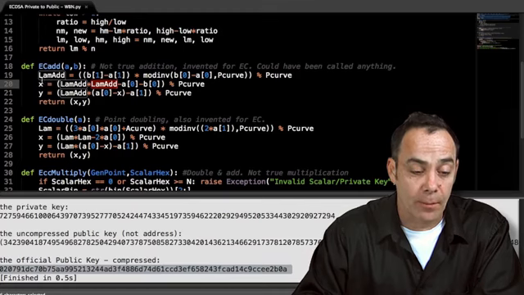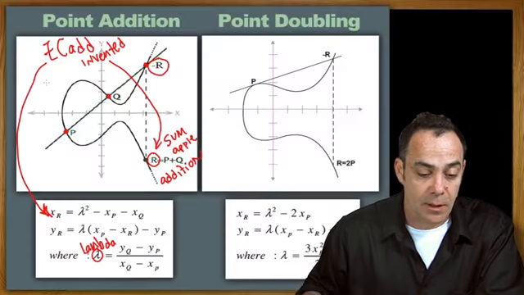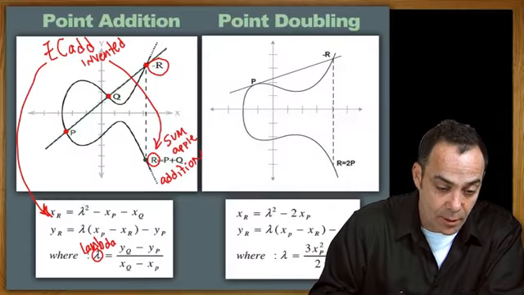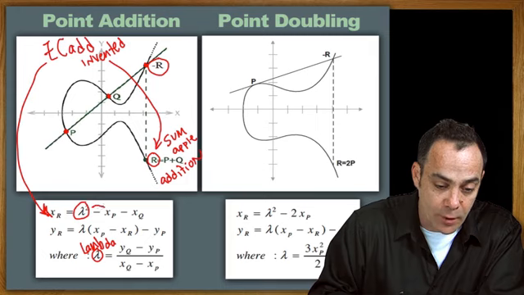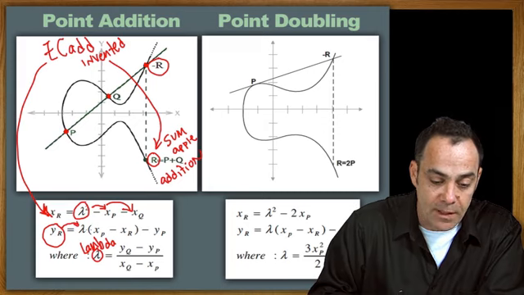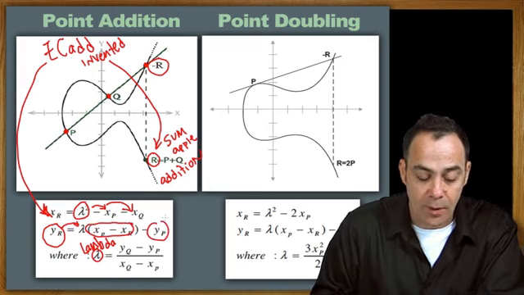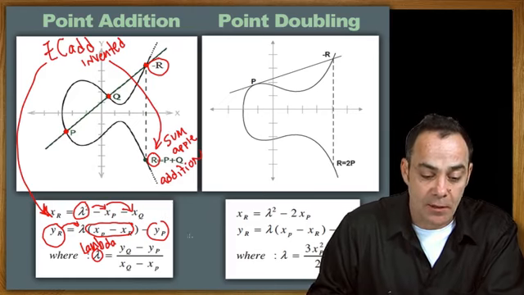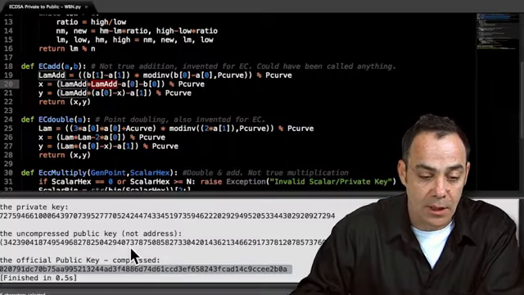And then once you have lambda, right, you basically follow the same things that we see here. You're going to square lambda, then you're going to subtract the two x coordinates. And then you've got the y coordinate that you want to get, so you're going to take lambda, multiply it by the difference of the two x coordinates, and then you're going to subtract y of p, okay? And so this is the invented math, and you'll see it all right here.